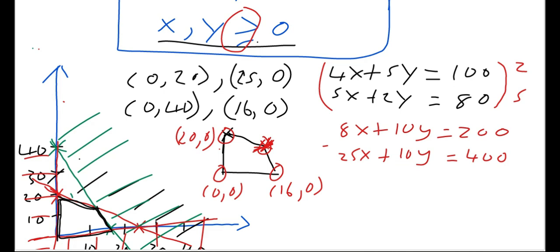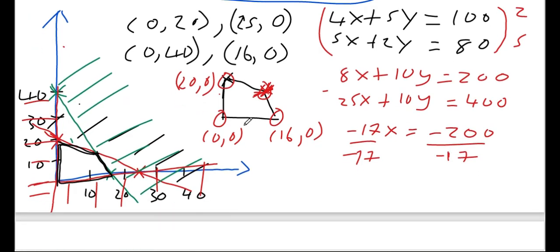Of course this should be, I think, negative 17. So negative 17x is equal to negative 200. Remember, y has been eliminated, so of course divide both sides by negative 17.